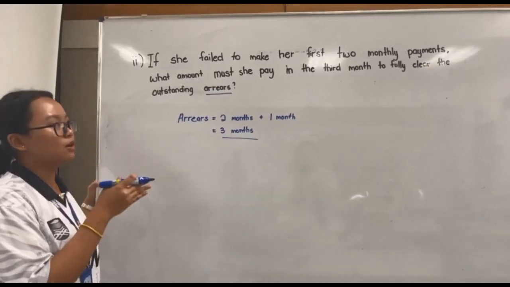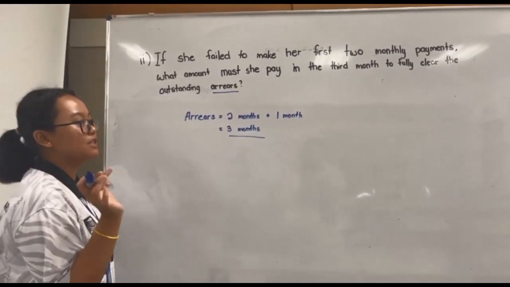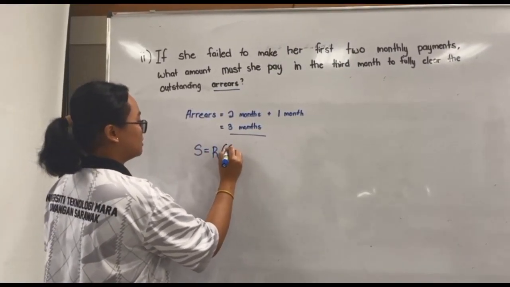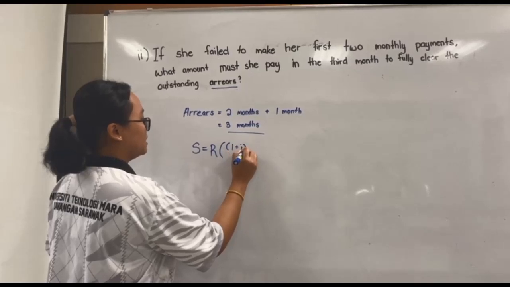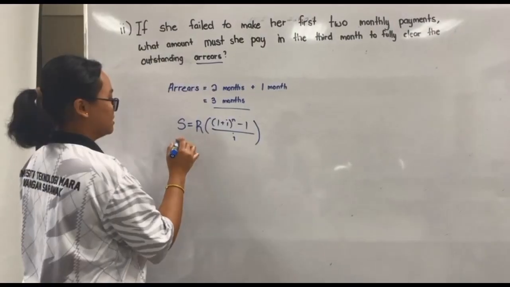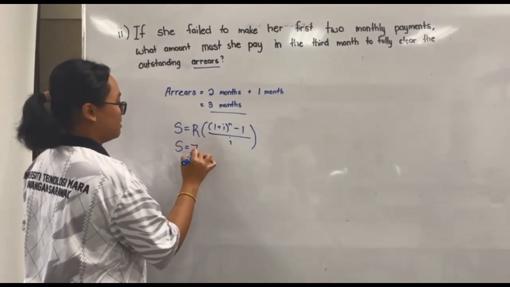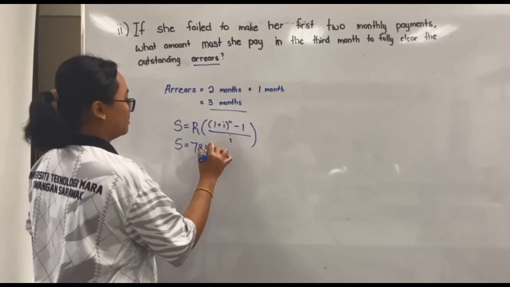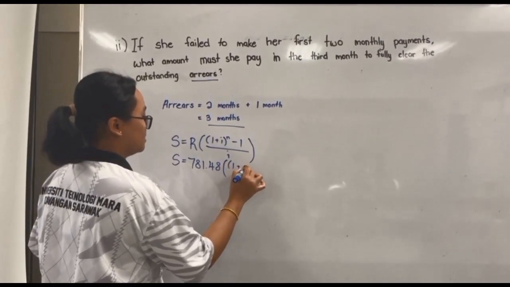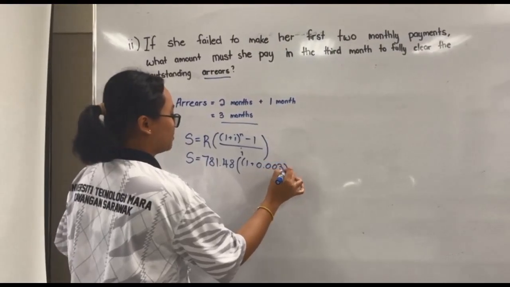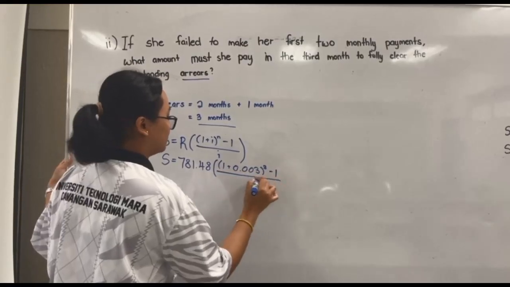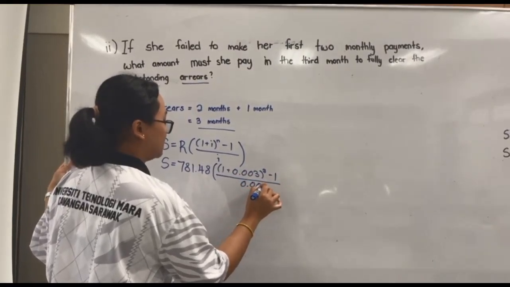So to find the amount, we have to use this formula: S = R[(1 + i)^n - 1]/i. So S equals 781.48[(1 + 0.003)^3 - 1]/0.003.